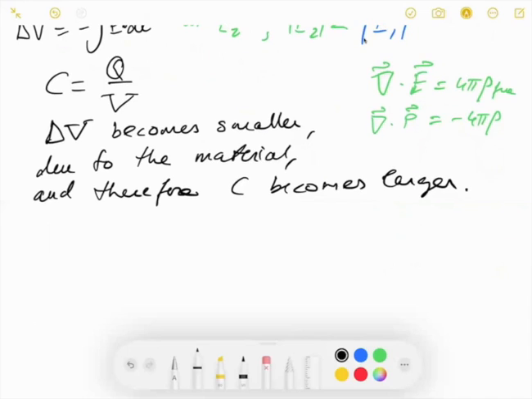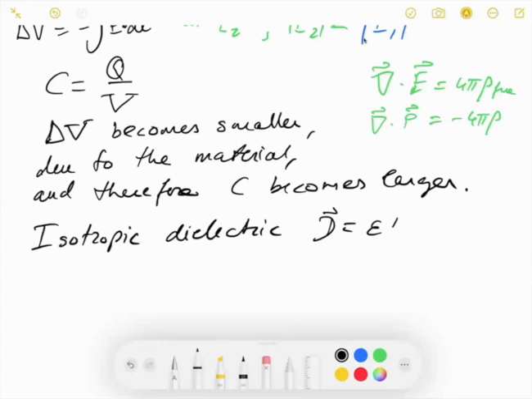And this is why when people make proper capacitors, they'll make them not with vacuum in between, but they'll put material in between. Now we should talk a little bit about materials, but not too much. The most basic dielectric material is an isotropic dielectric, where the D field is epsilon times the E field, and that E field is the internal E field.